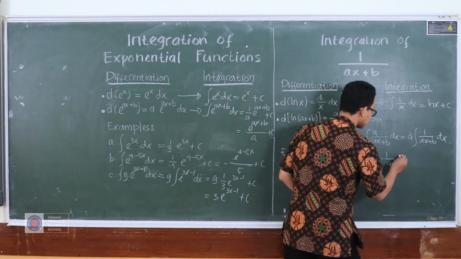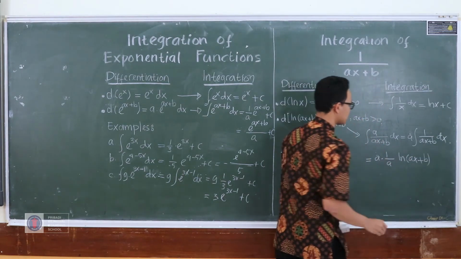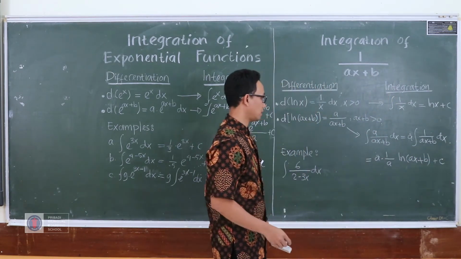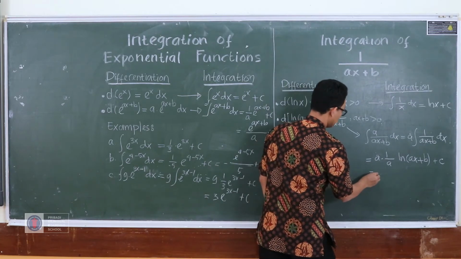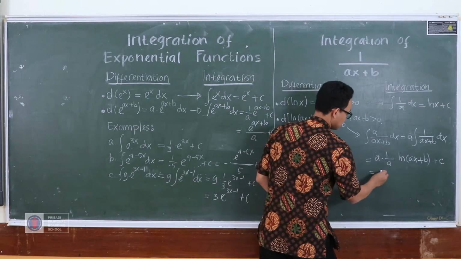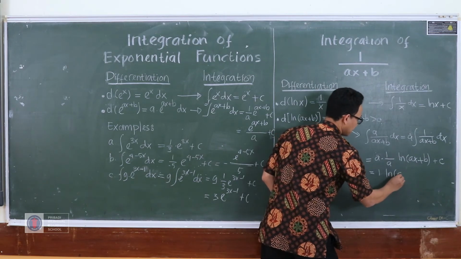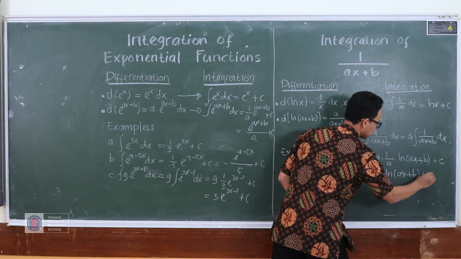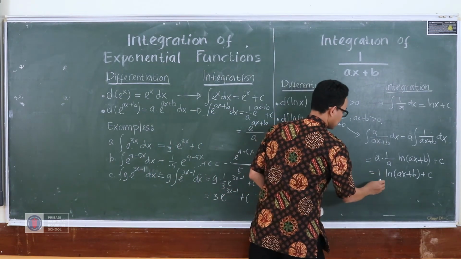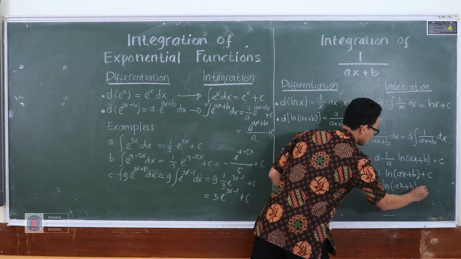Then ln of ax plus b plus c, don't forget. Here, a divided by a is 1, so it's 1 times ln ax plus b plus c. If we simplify, it will be ln ax plus b plus c.